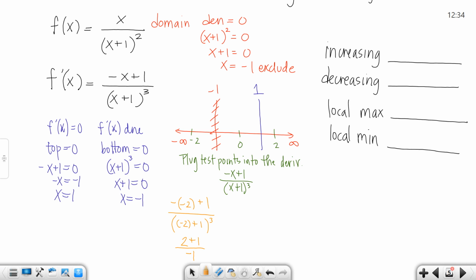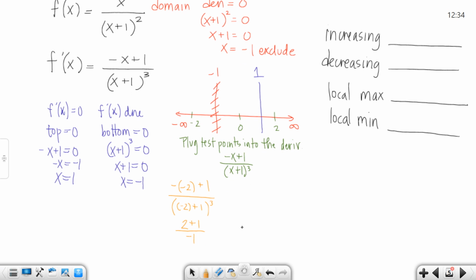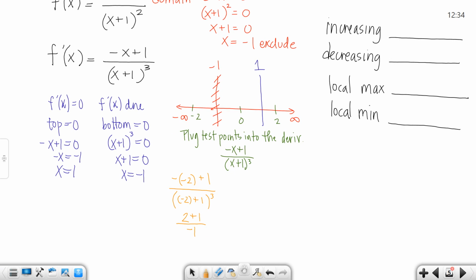So if you simplify that, you get 3 over -1, which is a negative result. Okay, next let's plug in 0. It'll be a little easier. -0 plus 1 over (0 plus 1) cubed. So on the top you get 1, on the bottom you get 1. That is positive.